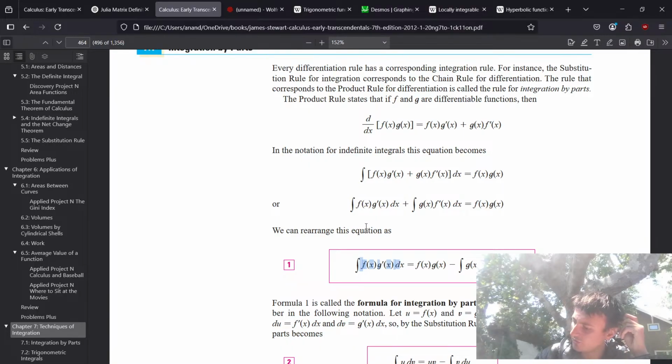I totally don't remember this derivation. It's actually really cool.